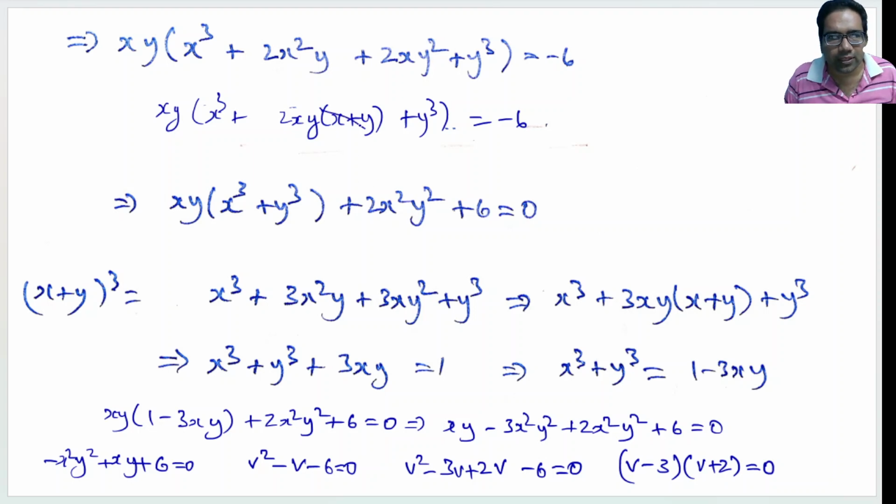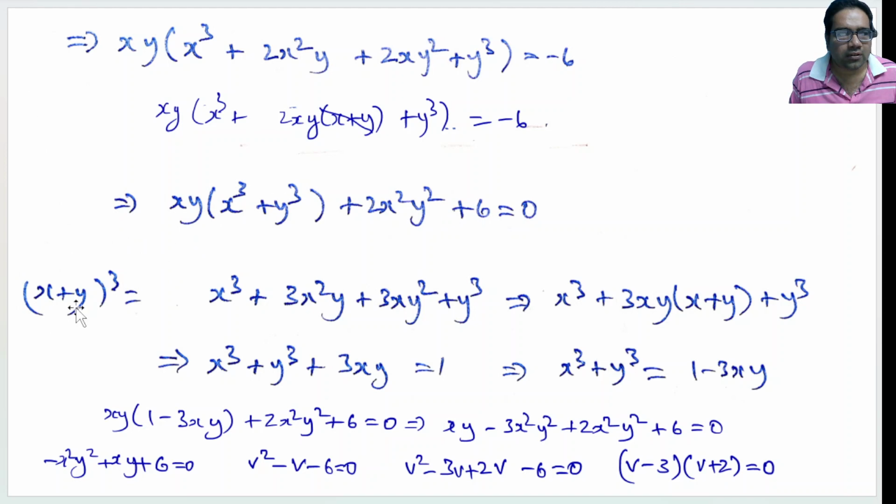So this one will go away. We'll be left with xy times x cube plus y cube plus 2xy into xy, which is 2 x square y square, plus this minus x will come to the side plus 6. So this simplifies to this.